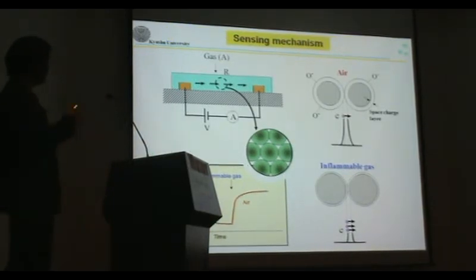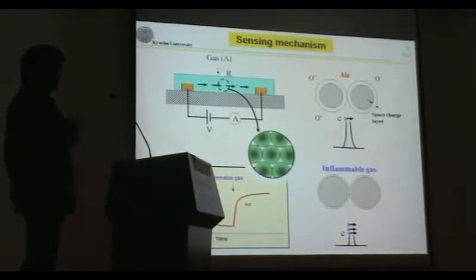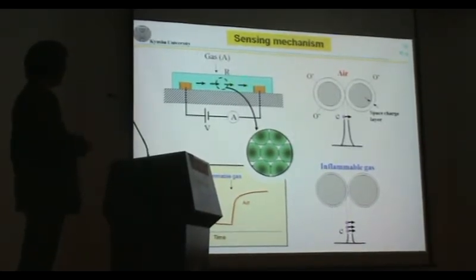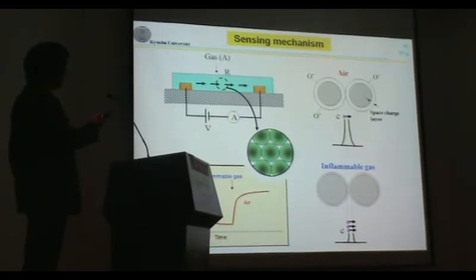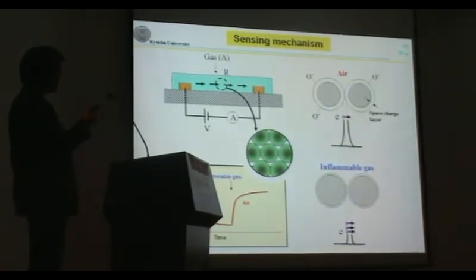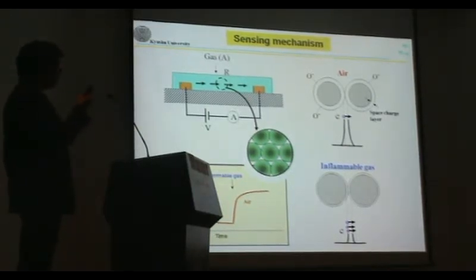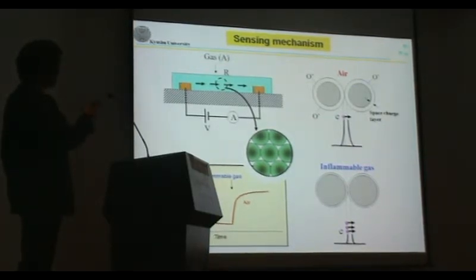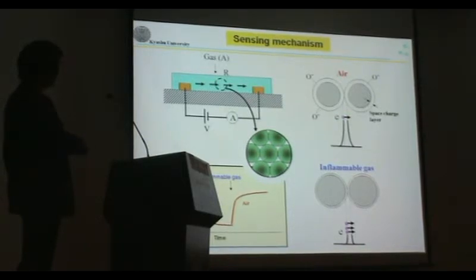Okay, I'm going to show the gas sensor principle mechanism. The semiconductor gas sensor consists of metal oxide powder. We deposit that powder on an aluminum substrate with a gold electrode here. This film consists of these particles. These are ceramic particles.